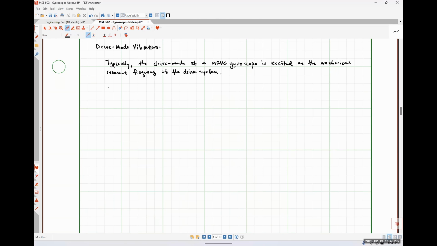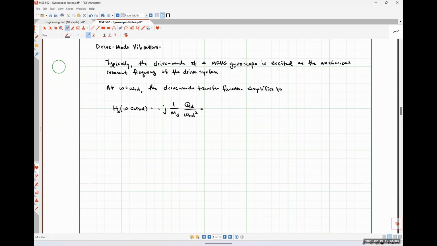So at a frequency of omega equal to omega naught D, the drive mode transfer function simplifies to HD, and this is for omega equal to omega naught D, will be equal to negative J times 1 over MD, where this is the mass of our drive system, times QD over omega naught D squared.